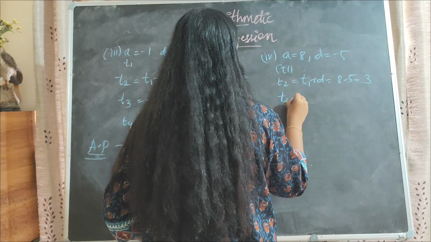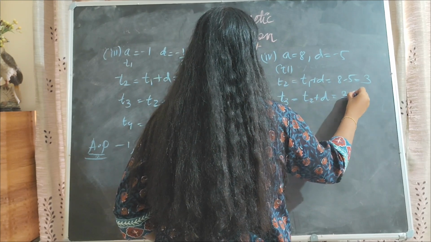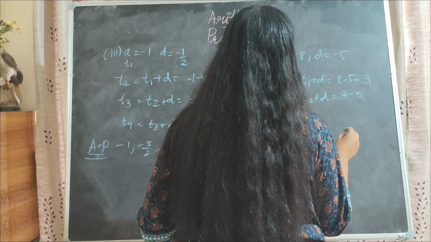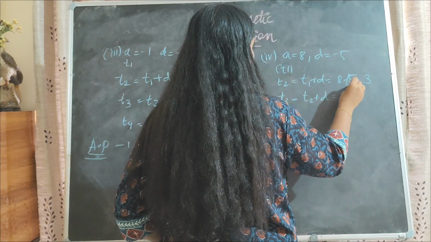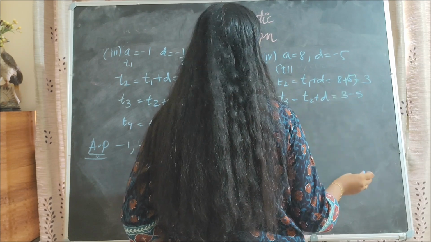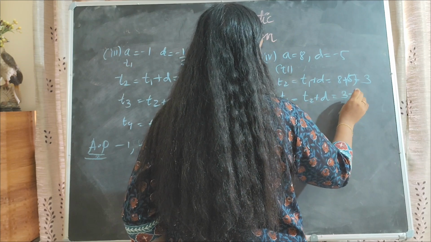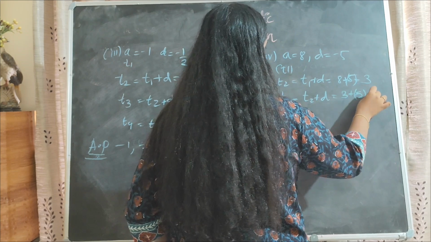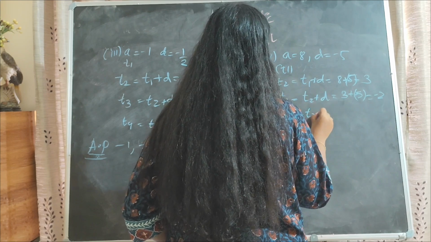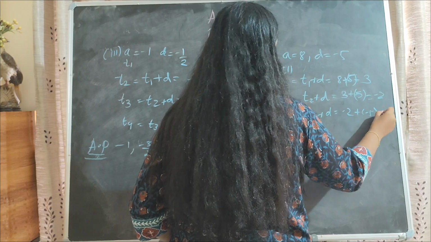Next, T3 is T2 plus D, which is 3 plus minus 5, which is minus 2. And T4 will be T3 plus D, which will be minus 2 plus minus 5, which is minus 7.